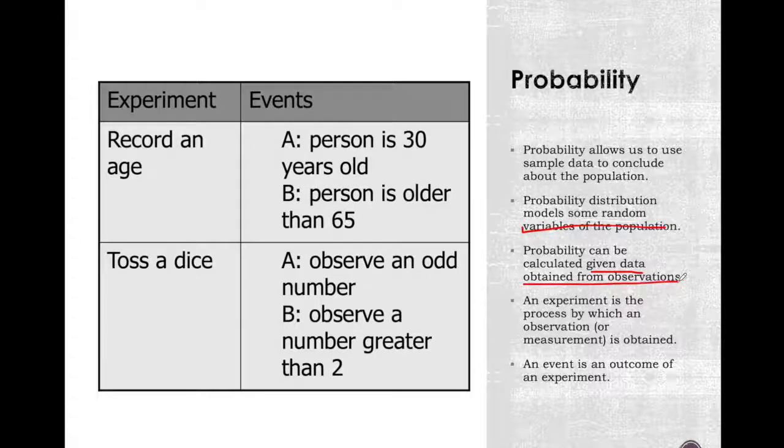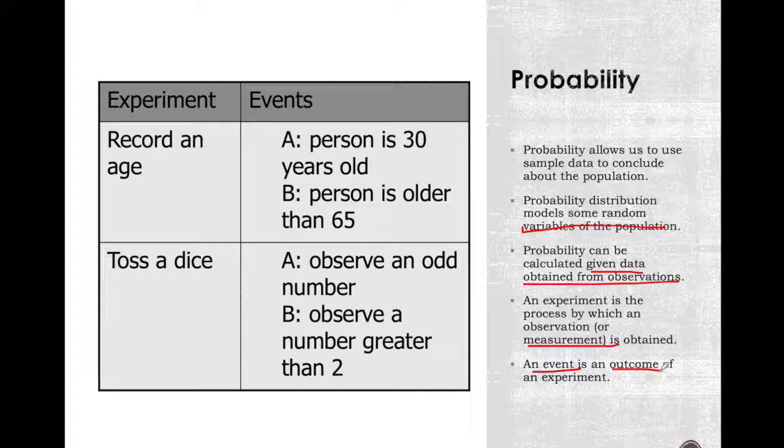An experiment is the process by which an observation or a measurement is obtained. I believe that you are aware and you must have done an experiment before, right? And having said that, an event is an outcome of the experiment, right? So that's why you have to know. In statistics, an event is defined as the outcome of your experiment.